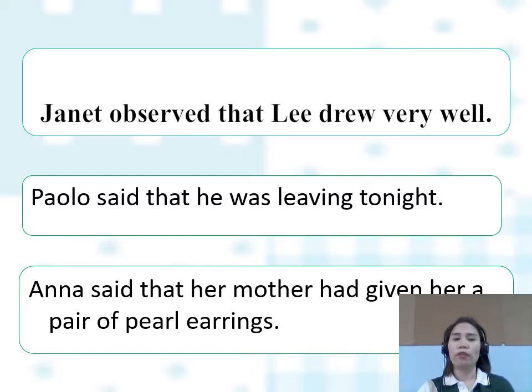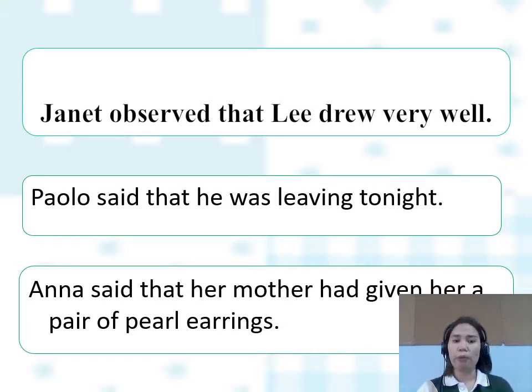Okay? So for example, in sentence number 1, Janet observed that Lee drew very well. So someone is reporting about Janet's observations on Lee. Okay? This is not the exact words of Janet. And also, the quotation marks have been removed because the statement had been paraphrased. Okay?